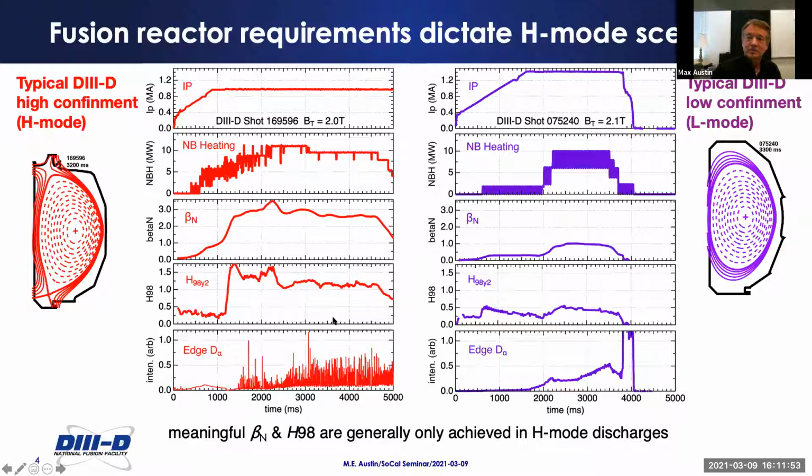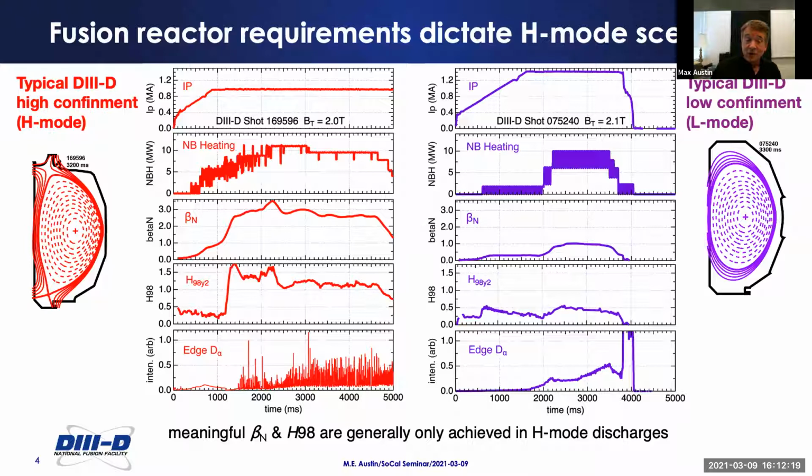Fusion reactor requirements dictate high confinement. Shown here are two examples from D3D: on the left, a high confinement or H mode plasma, and on the right, a typical low confinement or L mode discharge.